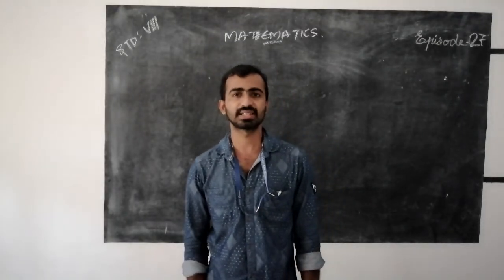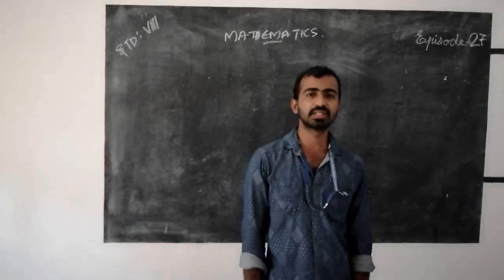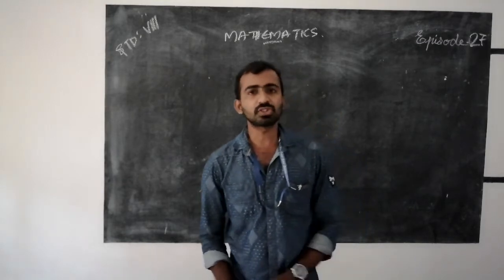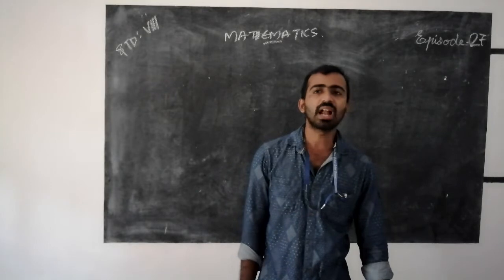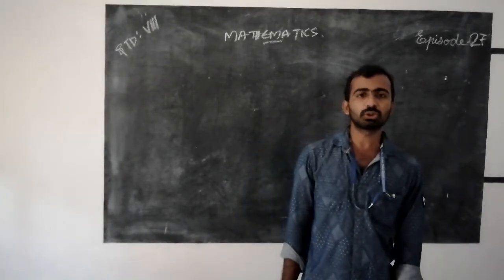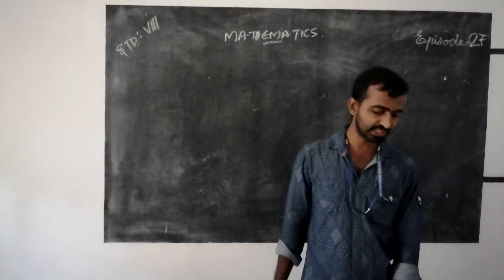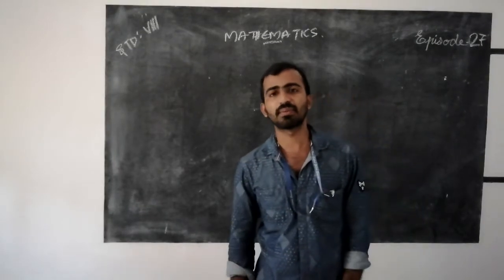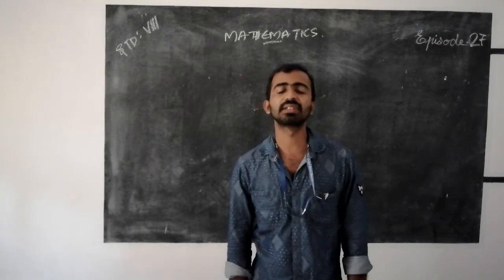The first one we already studied: when we take the square of a number whose ones place is 4 or 6, the square must end with 6.